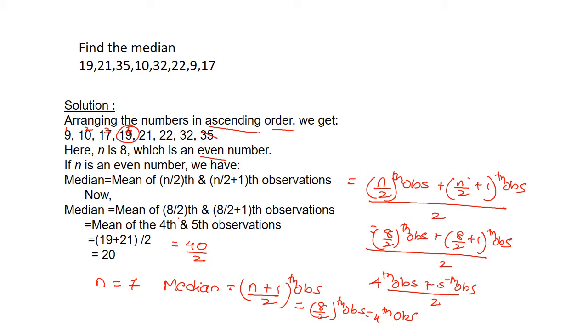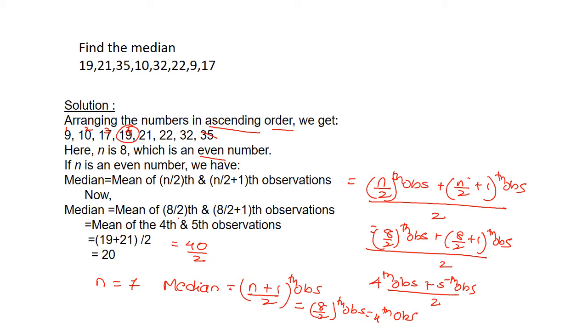The 4th observation is 19, counting 1, 2, 3, 4. The 5th observation is 21. So 19 plus 21 is 40, divided by 2, that is 20. So for ungrouped data, if n is even, you use this formula to get the position, and the median is 20.